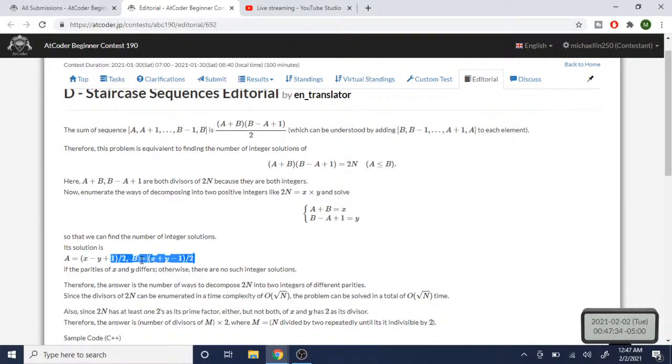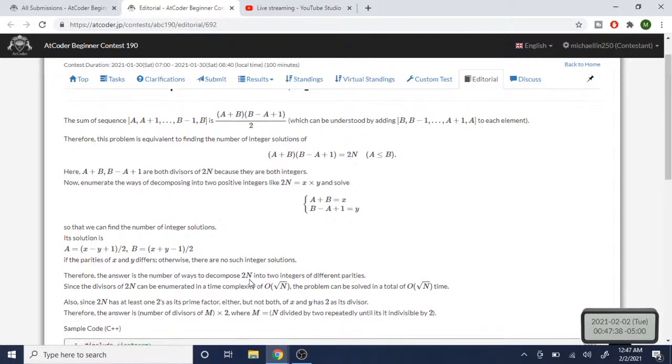Okay, so now A and B have different parities. Different ways to decompose into two different parities. Since the divisors of 2n can be enumerated in time complexity of root n, the problem can be solved with a total of root n.